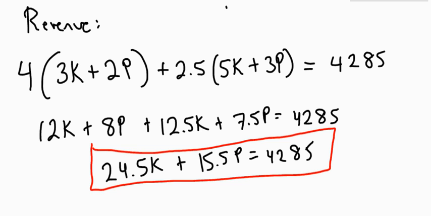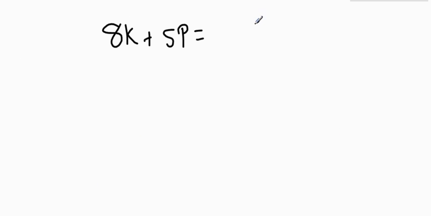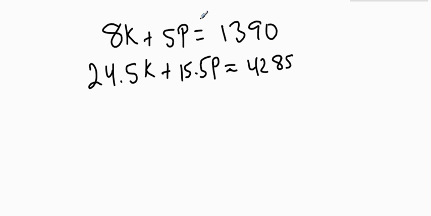So let's put them both on the same page. I have 8K plus 5P equals 1390. And then 24.5K plus 15.5P equals 4285. There you go. Two equations, two unknowns, solve.